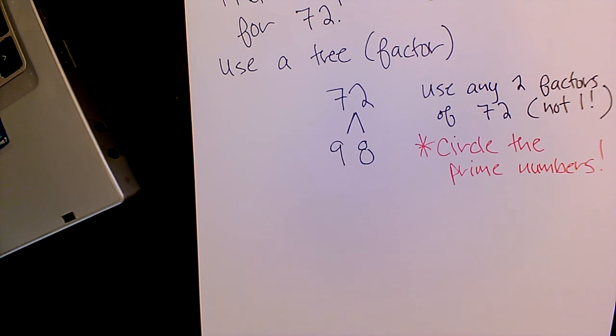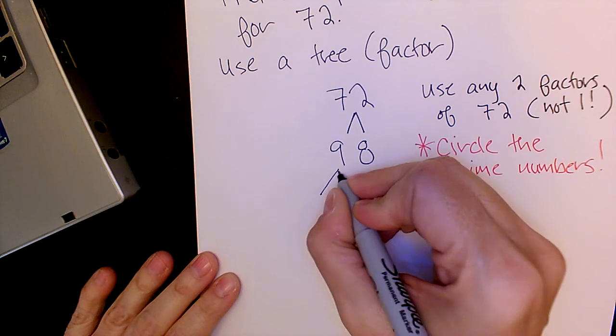Is 9 a prime number or is 8 a prime number? I don't think either of them are prime. I think both 9 and 8 have more than 2 factors. So we're not going to circle in red because neither 8 nor 9 is prime. So we're going to branch off both of these.